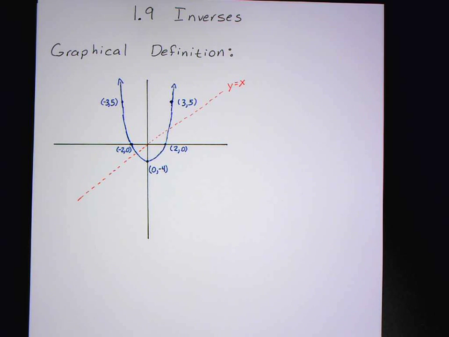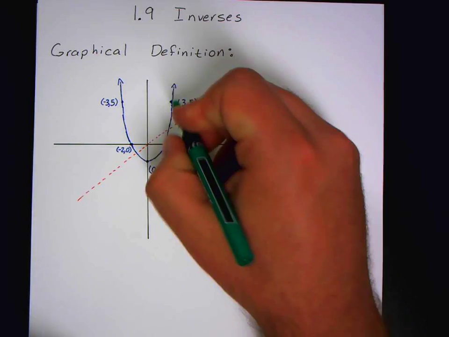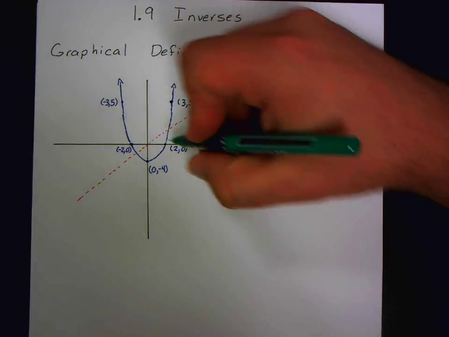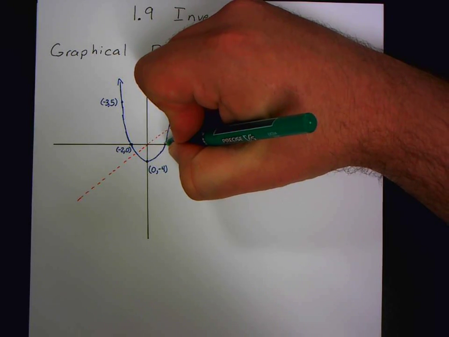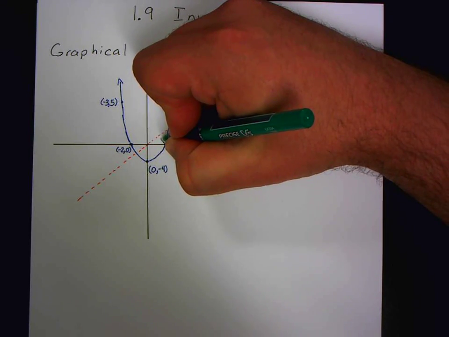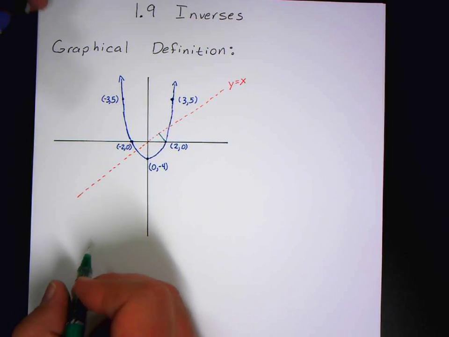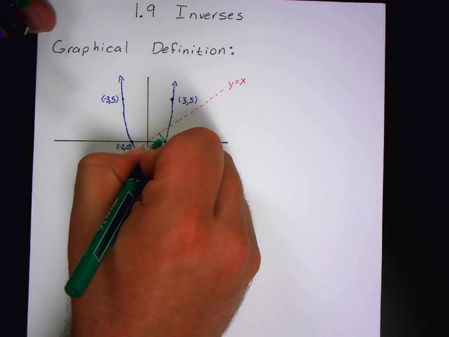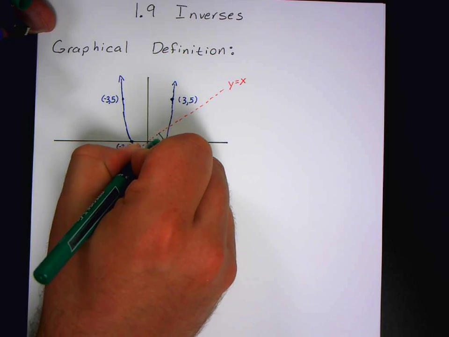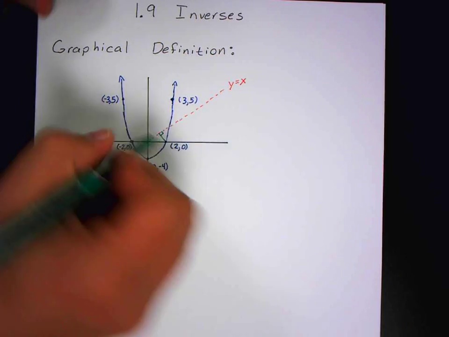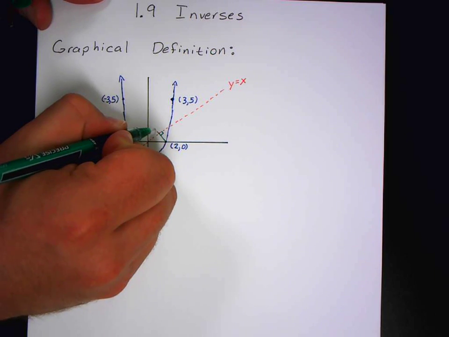Now, in geometry, the rule for doing a reflection over y equals x is that we go straight across that line. Let me take this point and we'll do the rule with this point and then we'll make it easier. When we did reflections, we go straight across so it makes a right angle, and we do the same distance on the other side.